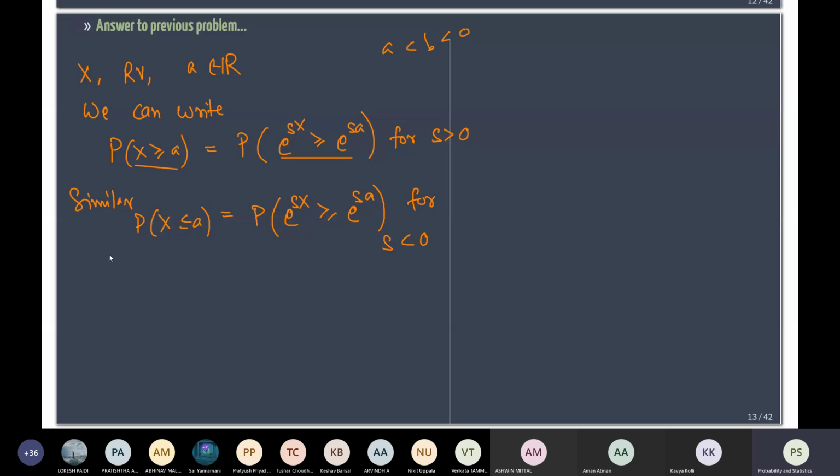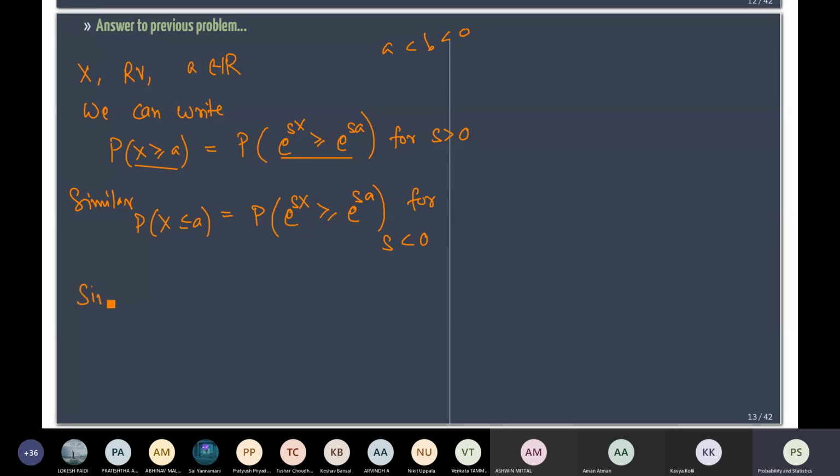Now, what do we have next? The next thing is that we want to use Markov here. So first of all, to use Markov, is this a positive random variable? Yes, exponential of anything is positive, right?